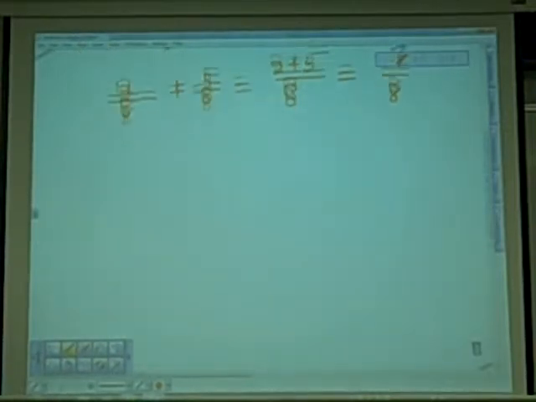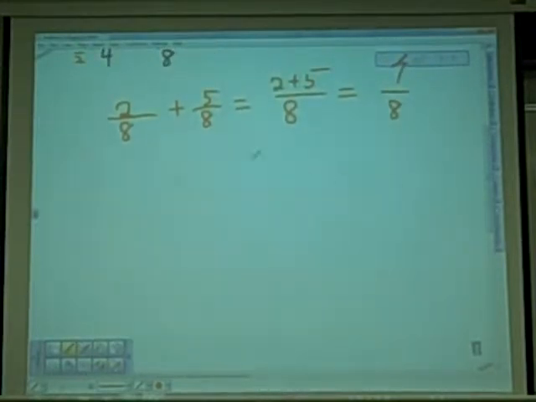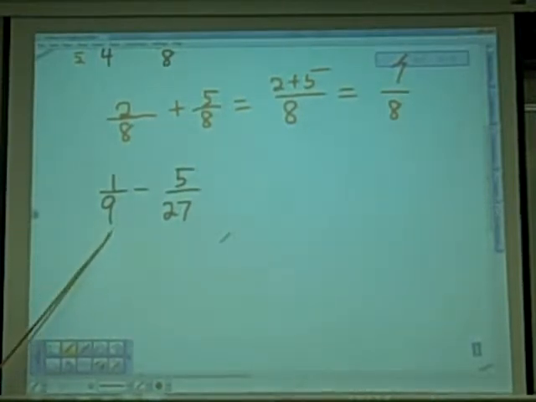Alright, here we have 1/9 minus 5 over 27. And Tori, can we get a common denominator here by just looking at the 9?